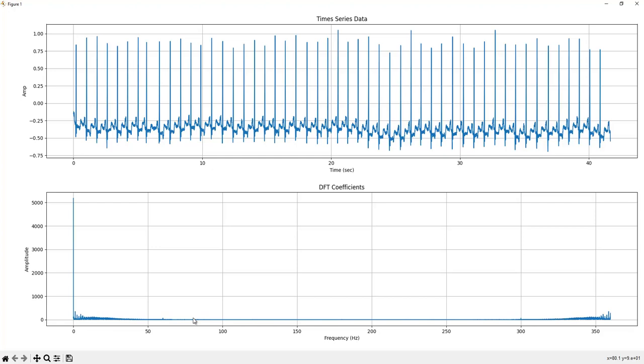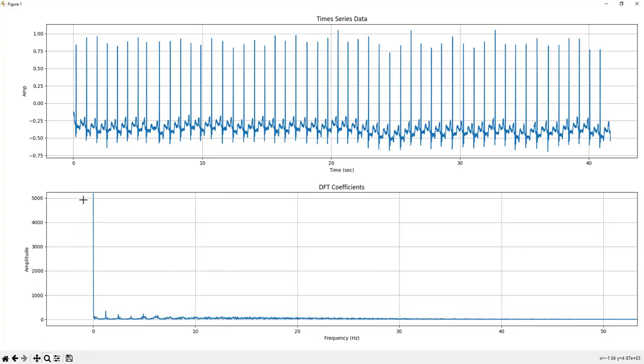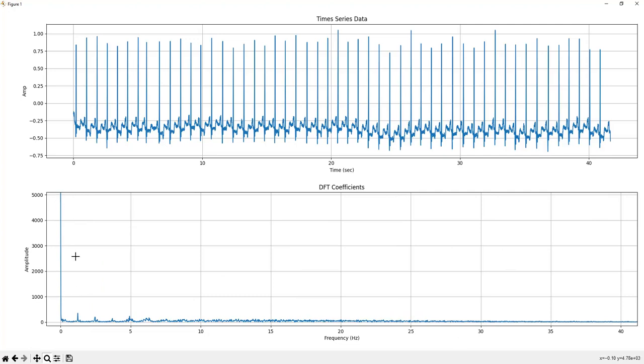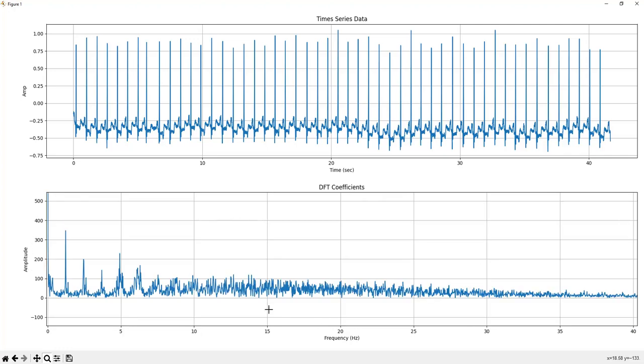Yeah, so we don't know that, but in the inspection of these codes, I can say that we have some bias value. This indicates some bias value at the 0 frequency, right? This is the bias value. But we have meaningful components in here, for example 2 Hertz and 3 Hertz and 5 Hertz, right?